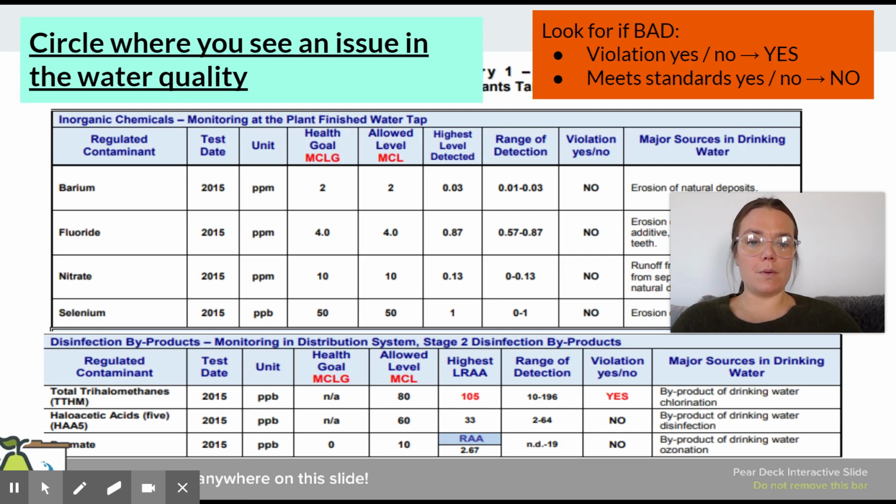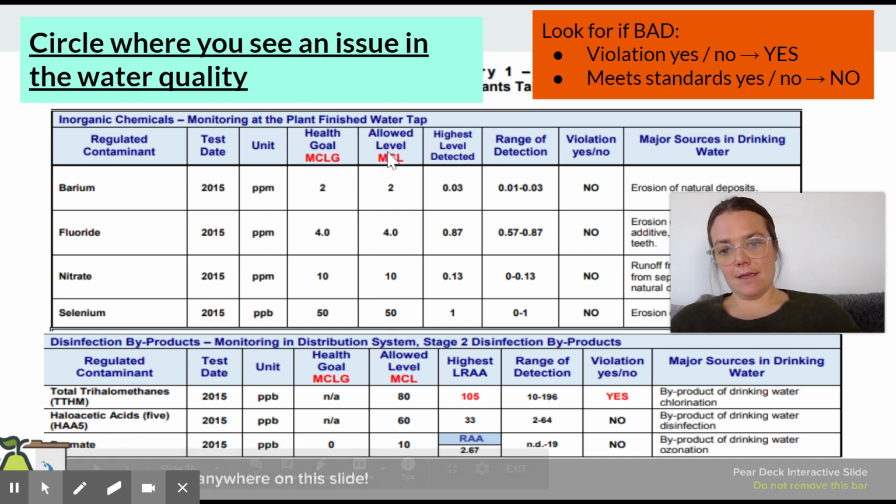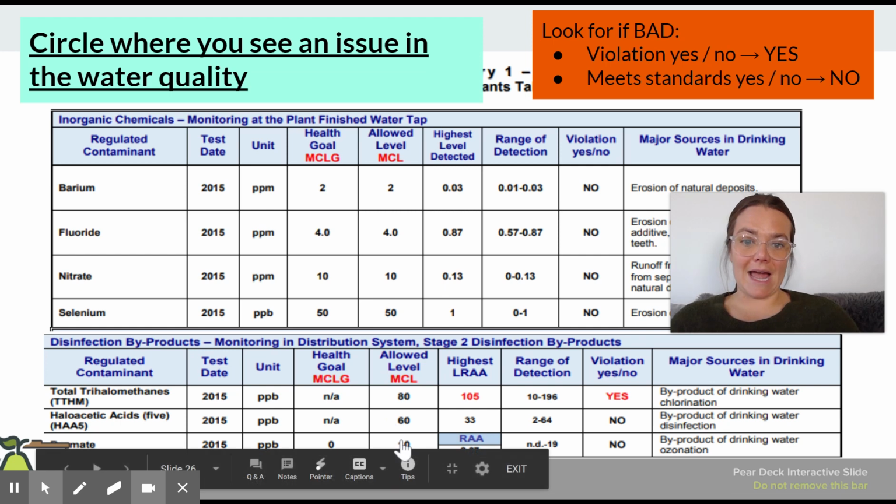So the water quality report will look something like this. All right, it looks a little scary, lots of numbers, lots of abbreviations, big long words. Mainly what you're looking for is to see if the highest level detected or the range of detection is above the MCL, or the allowed level. So you're looking to see if any of these numbers are bigger than what is allowed.